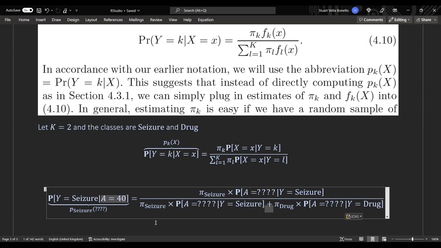Now, we're going to rely on Bayes' theorem, but to do that, we need to know probabilities like these two. The probability that age is this given seizure, the probability that age is this given drug overdose.